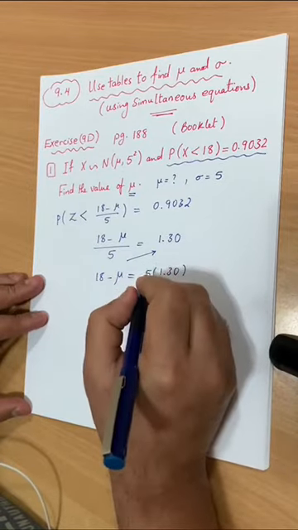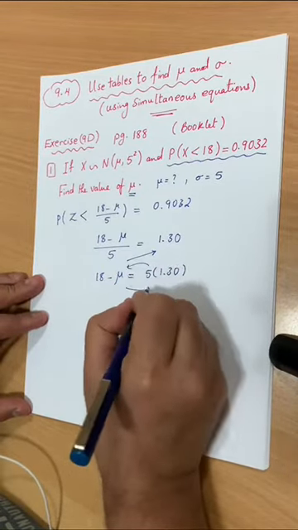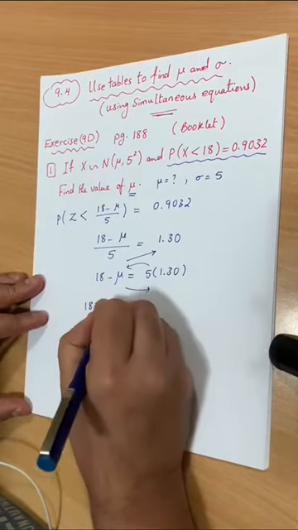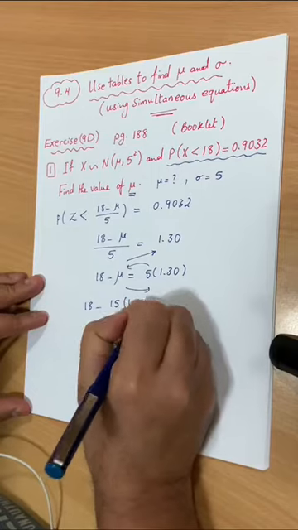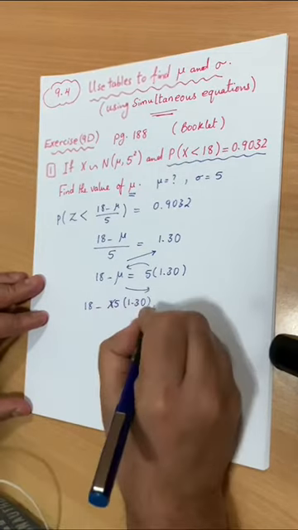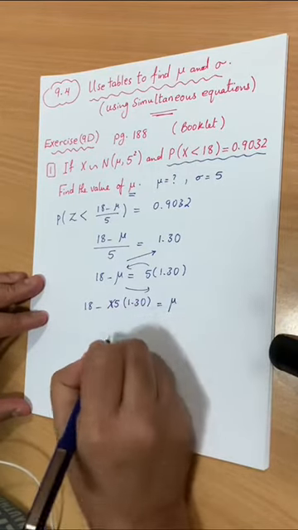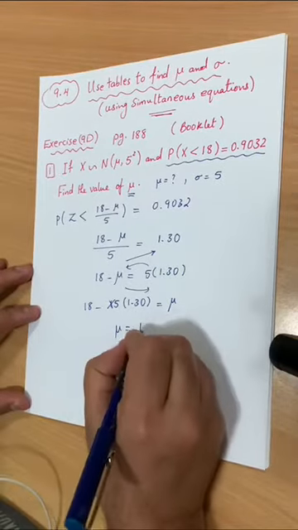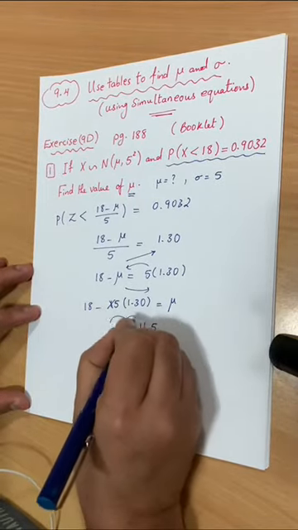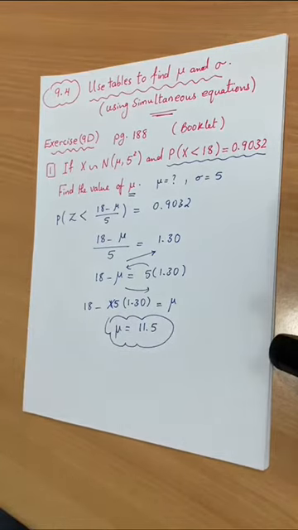Now by interchanging the terms, you'll have 18 minus 5 times 1.30 equals mu. Let's use the calculator: 18 minus 5 times 1.30, and the answer is 11.5. So the value of mu, which is the mean value, is 11.5.